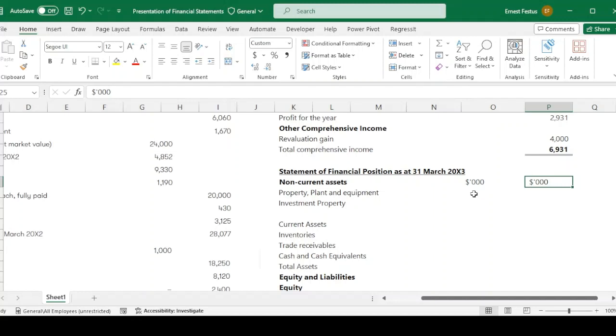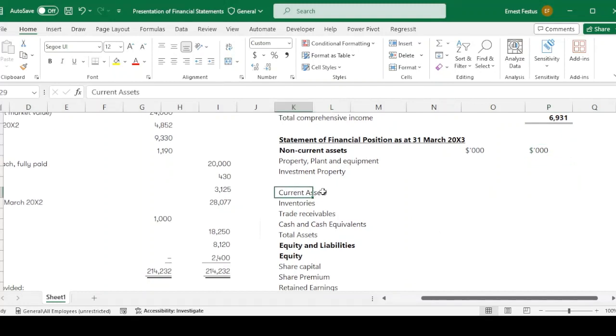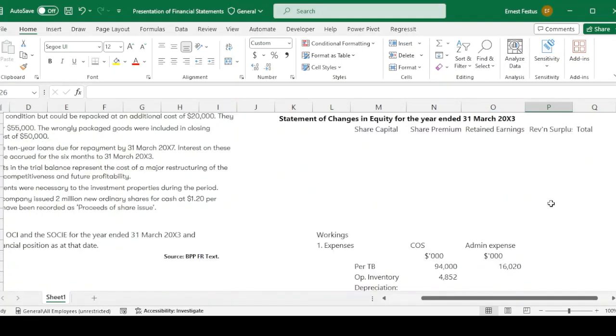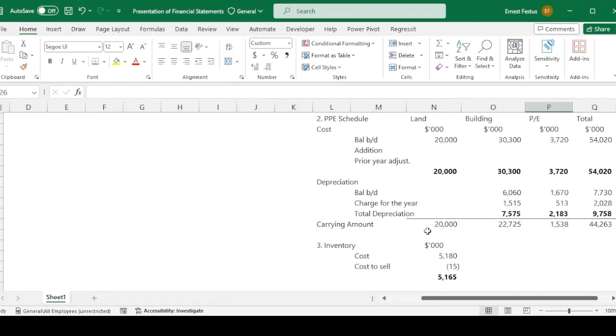Then we continue to our statement of financial position. Interestingly, we have done most of the work already, so we are just going to insert the figures. So for our property, plant and equipment, we are going to just do a little bit of adjustment here, and we can continue. So this amount is actually supposed to be 24,000 and not 20,000.